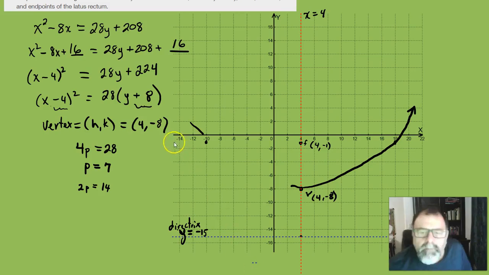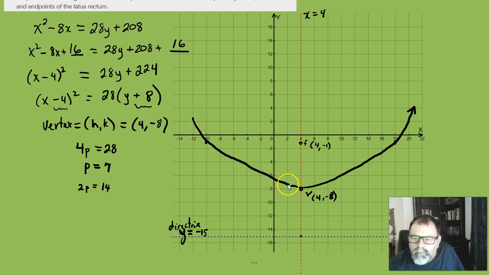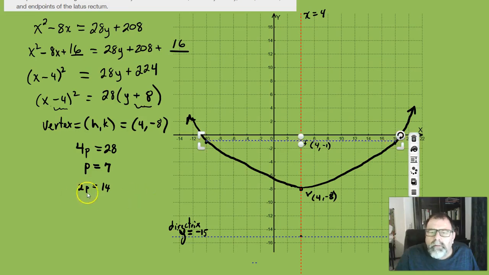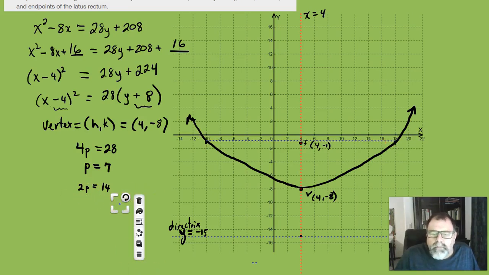Let me try that again. There we go. Something to that effect. And then our endpoints for our latus rectum are, let's see, what was this one? This is -10, -1.